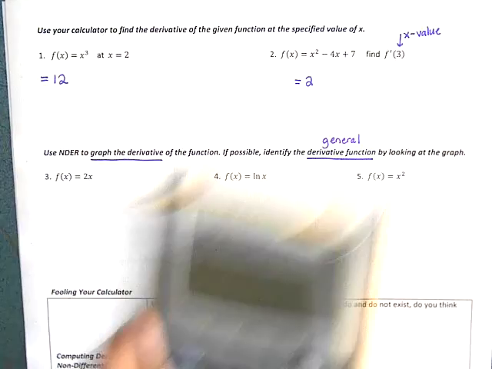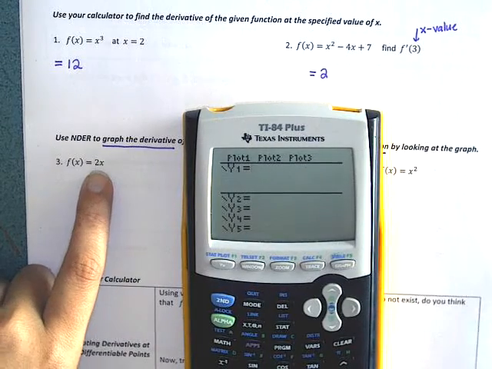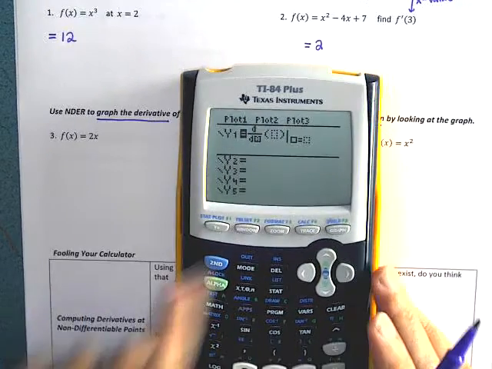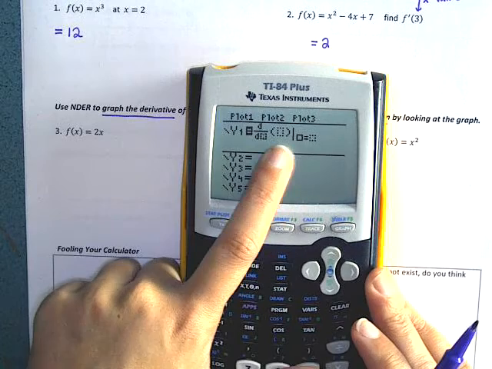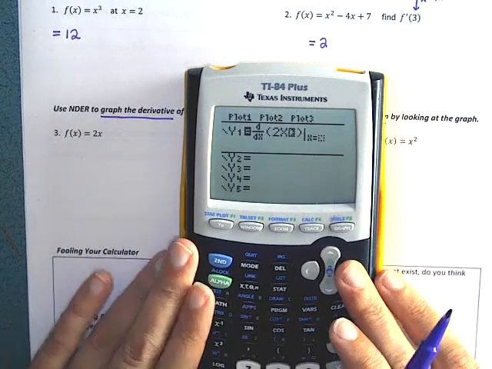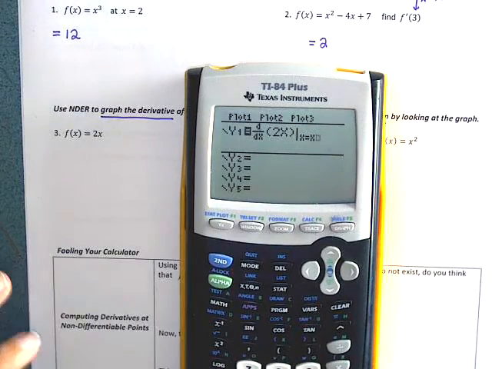So, in number 3, we were going to graph the derivative of 2x. So go to y equals. Go to math option 8. So we've got that derivative function in our y equals now. We're going to type in the x, we're going to type in the 2x. And then here, instead of putting a specific number, we put in an x.